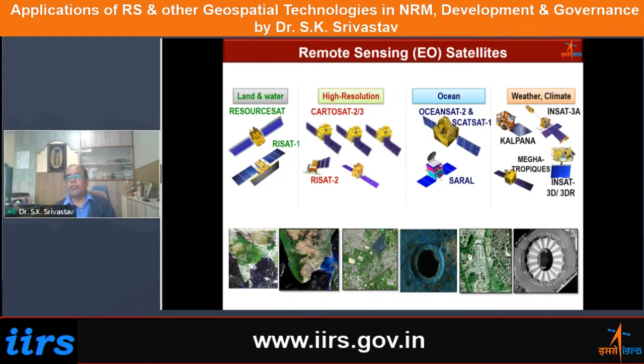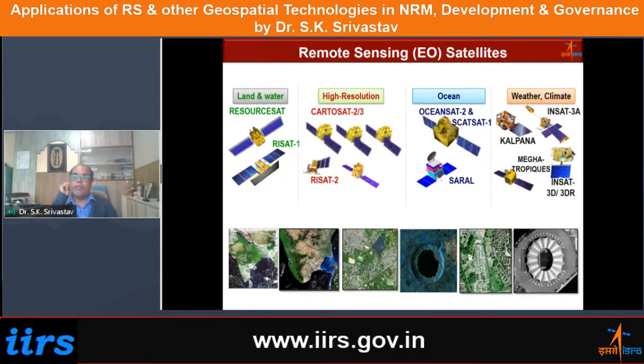As far as natural resource survey, monitoring and assessment, or environmental monitoring, or even governance and developmental activities are concerned, each satellite has been launched for a particular purpose. For example, for land and water resources related applications, we have the ResourceSat series of satellites.